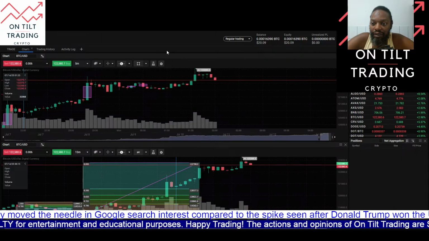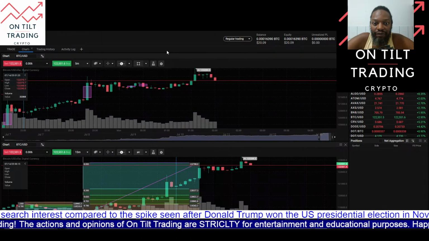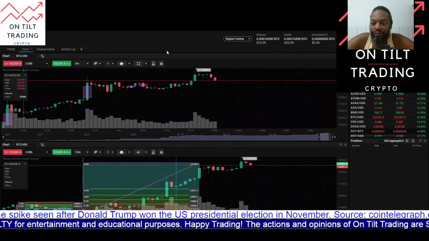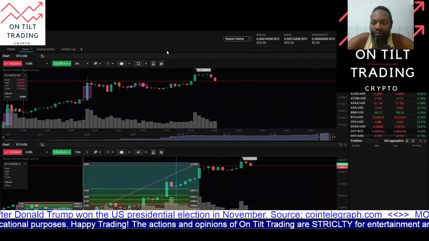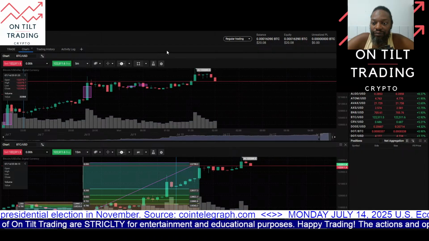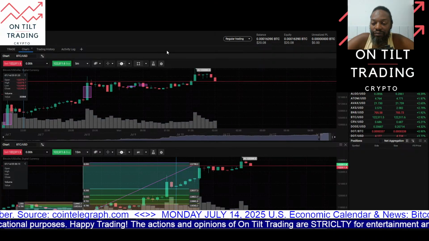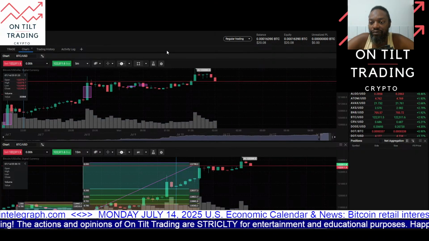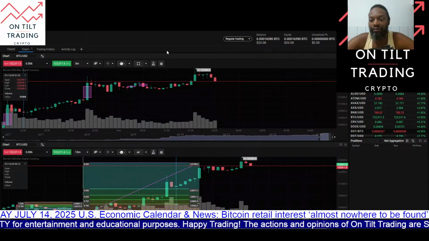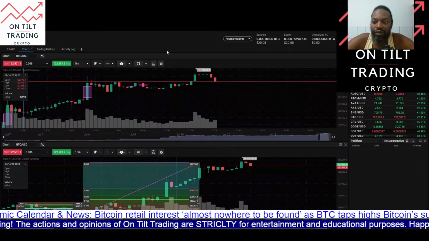Less than 1 minute remaining in the current 5-minute candle. 122,550, getting some more displacement here. $122,520. $122,500.